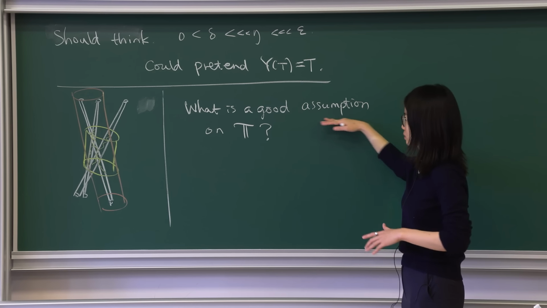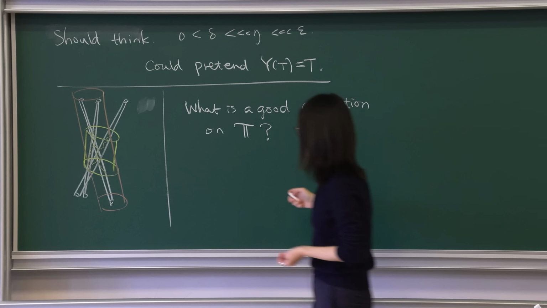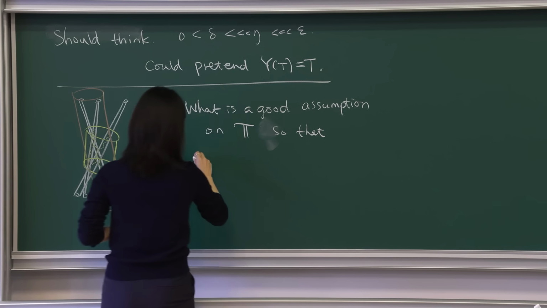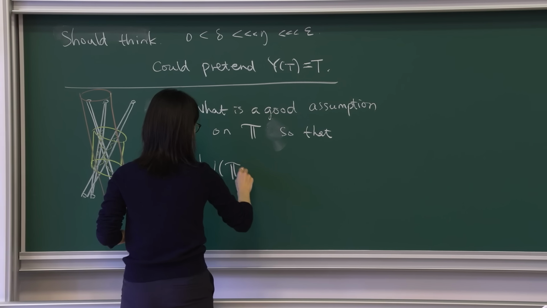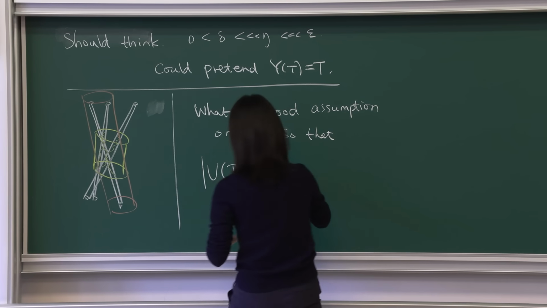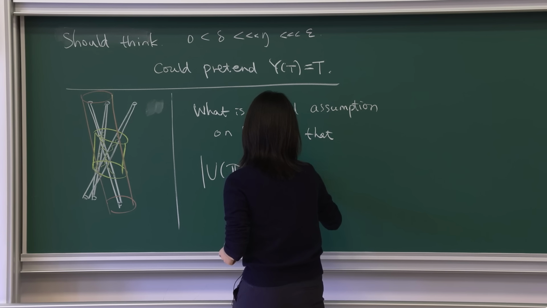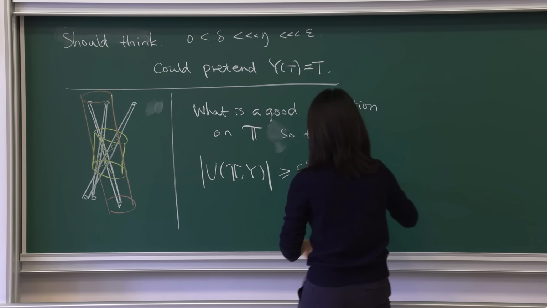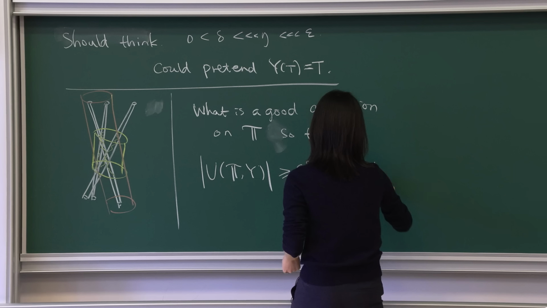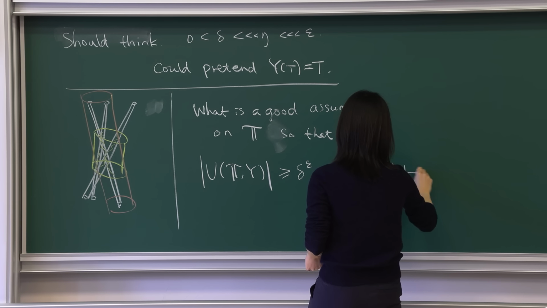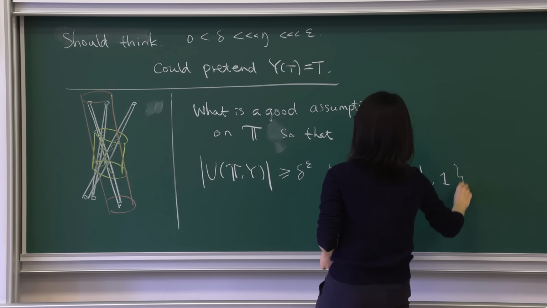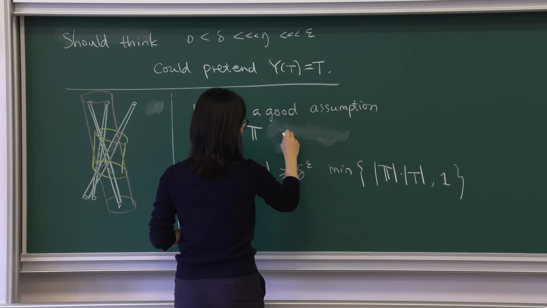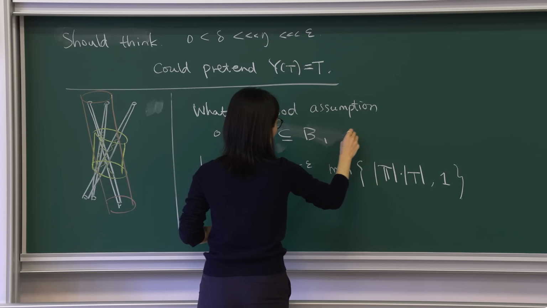So when we say a good assumption, we want to achieve something. Then what do we want to achieve? So that the union of those tubes has volume greater or equal than delta to the epsilon, in the same sense, the minimum of the number of tubes times the volume of one tube, and one. Let's say on the set of delta tubes contained in the unit ball.